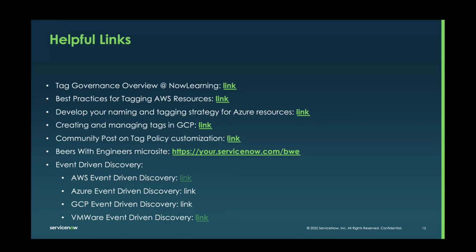And as I've talked through with folks in the Beers with Engineers community, there's been a couple of recommendations around how folks are managing tags within their cloud environments today. One of them was to do things like adding prefixes to the tags for which cloud environment that tag is from to help mitigate some of the differences between the various cloud environments so that you can quickly parse that out.